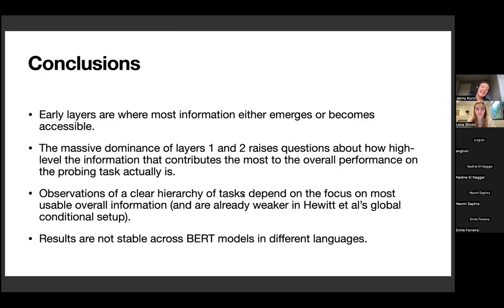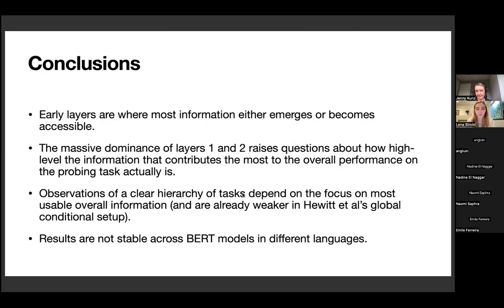And then whether there is a hierarchy of tasks, as we would expect, depends on the focus on global usable information. And it is already weaker if we compare Hewitt et al.'s metric with a standard accuracy.